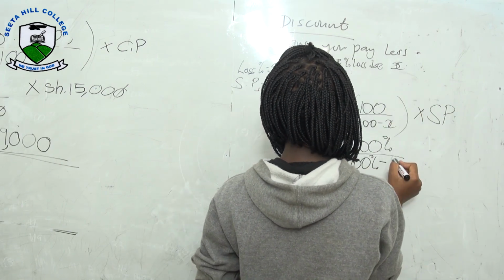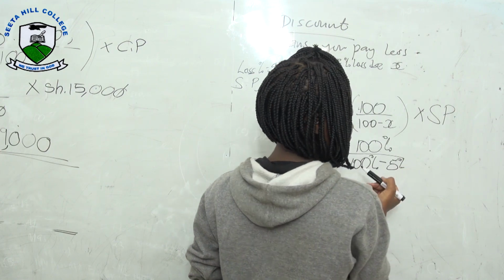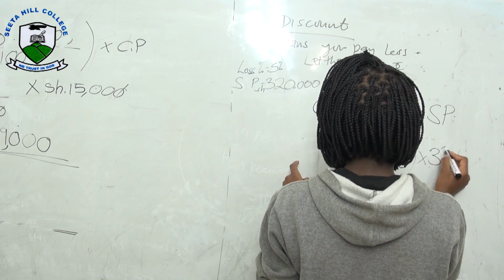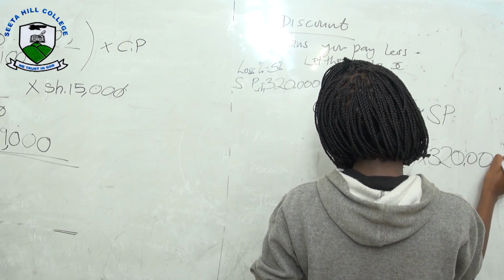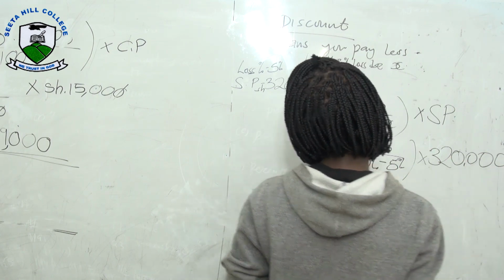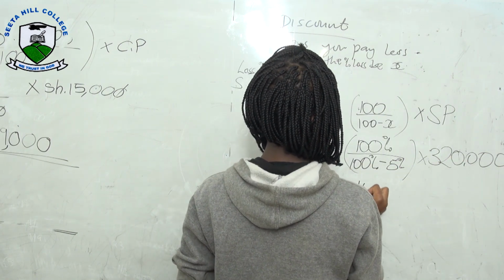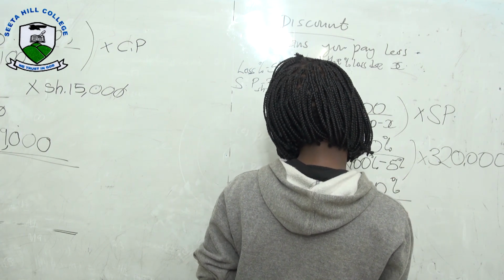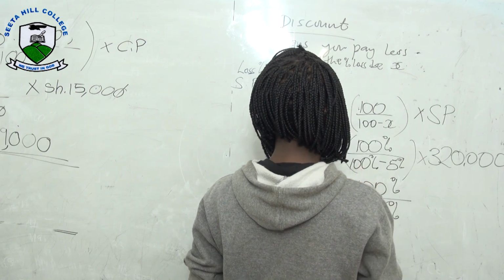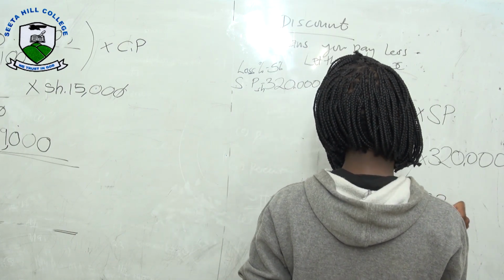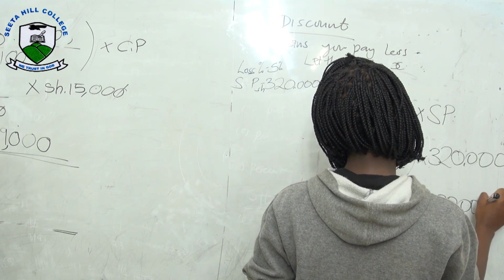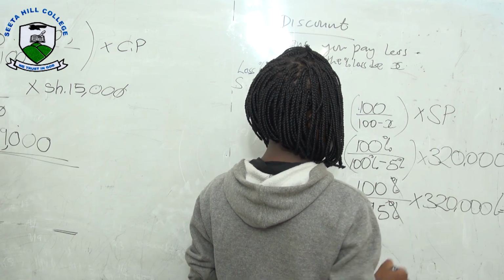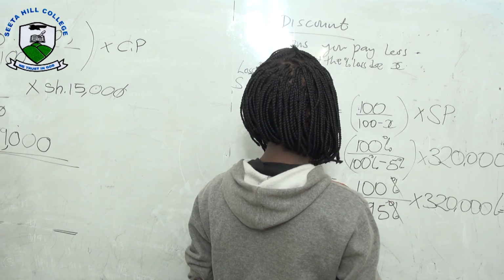I represented it as x, which is 5%, times the selling price, which is 320k. Percentage cancels. 95 divided by 5.